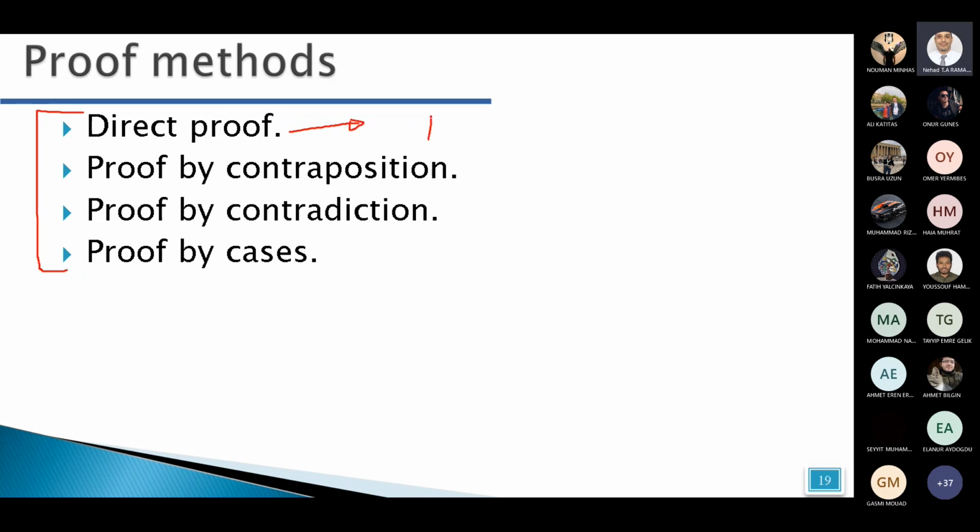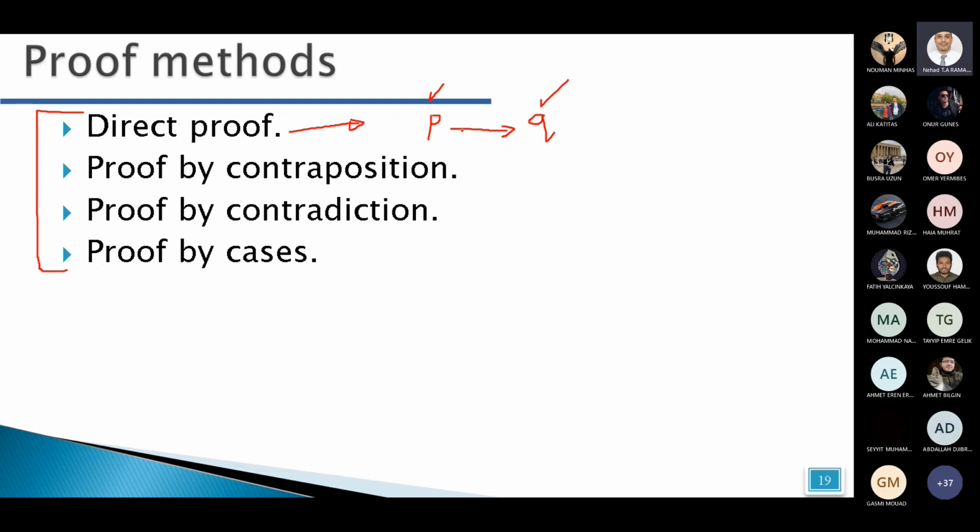So we start from the assumption to get the conclusion. We start from P and reach Q. This is a direct proof. Then proof by contraposition.